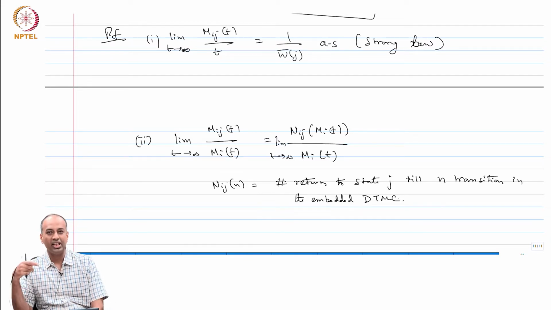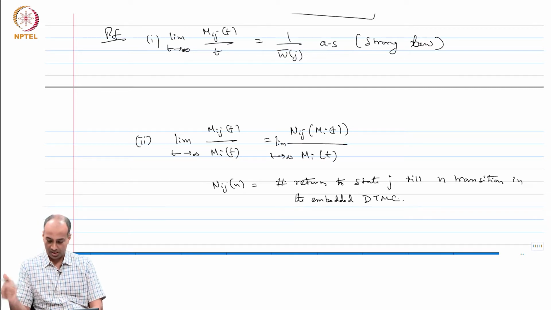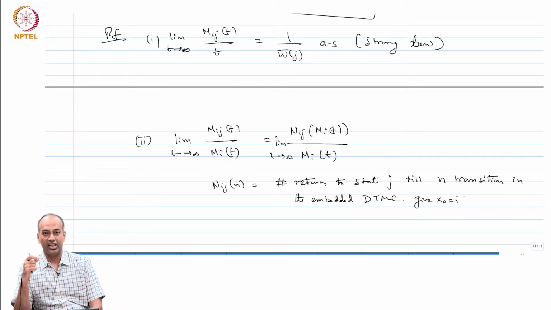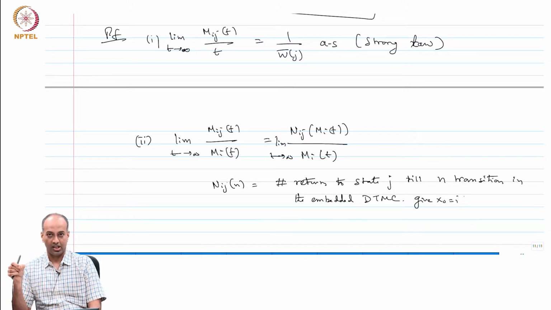So, the embedded DTMC keeps making transitions, and given that X0 equals i, that is, given that I start at i, Nij of n is the number of times I return to j until there are n transitions in the embedded Markov chain. Now, until time t, there are mi of t transitions in the CTMC, which corresponds to Nij of mi of t transitions to state j in the DTMC.